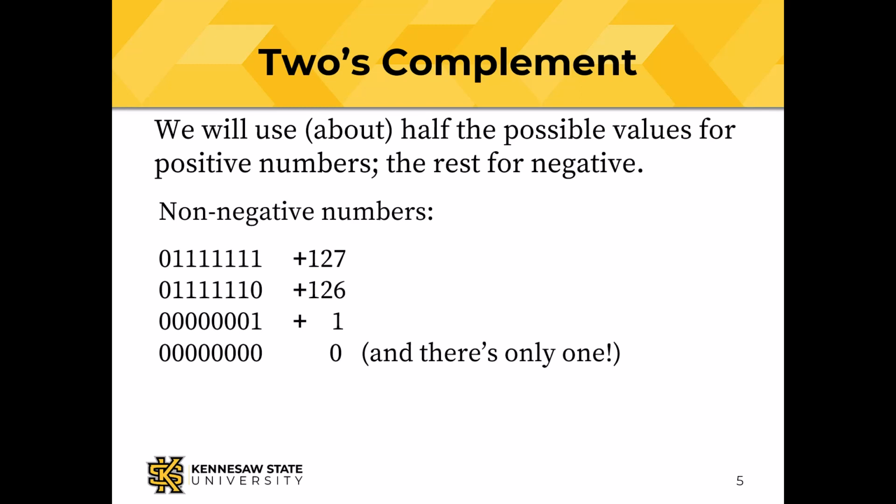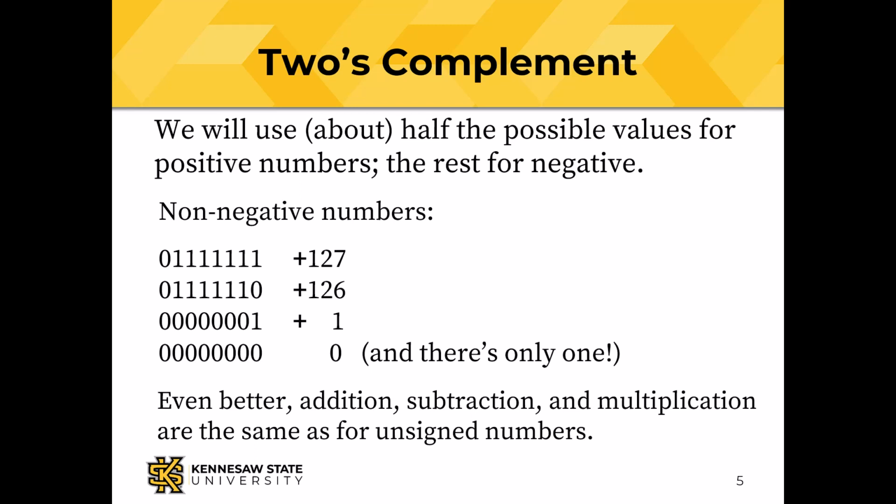Non-negative numbers in 8 bits, 0 and 7 ones, that's a plus 127. 0, 6 ones and another 0, that's a plus 126. 0, 6 more zeros and a 1, that's a plus 1. 8 zeros is 0 and there's only one of it. Even better, addition, subtraction, and multiplication are the same as for unsigned numbers.